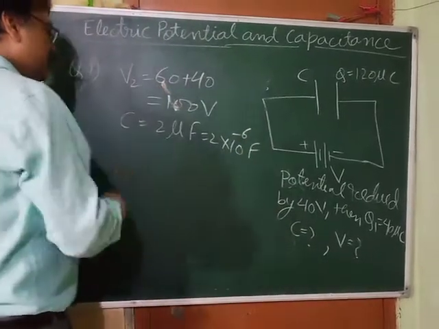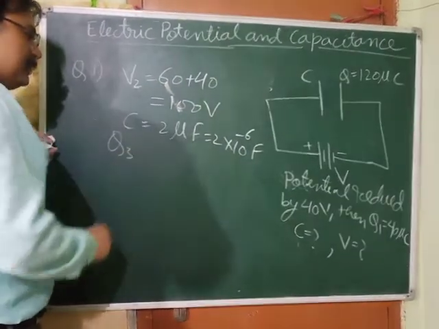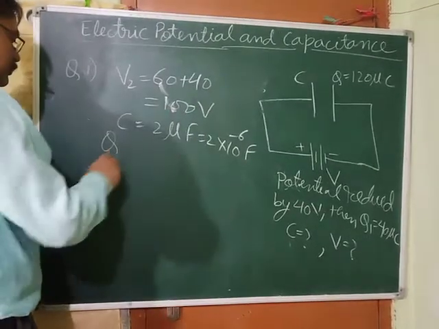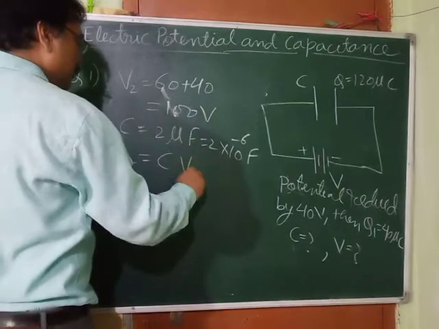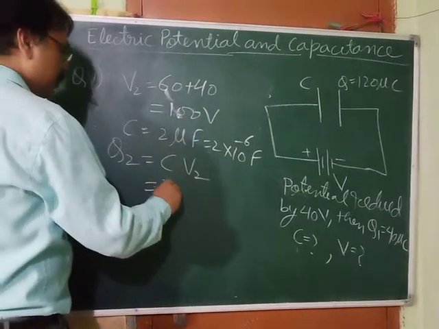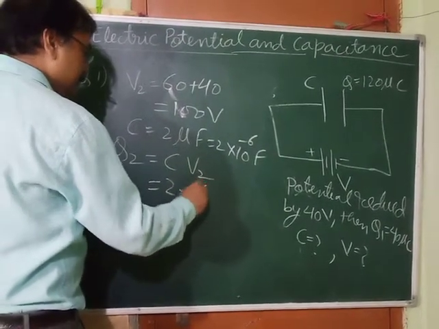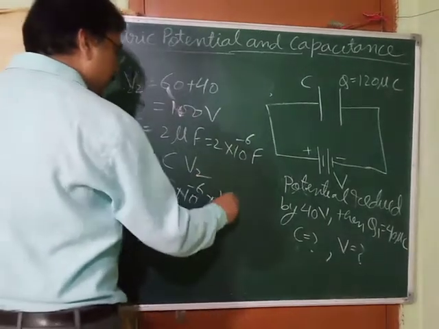You have to find out the charge. Let the charge be Q2. So Q2 is equal to CV2. C is 2 into 10 to the power minus 6, V2 is 100.